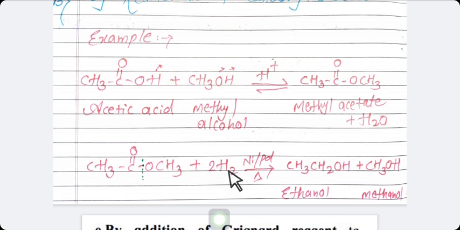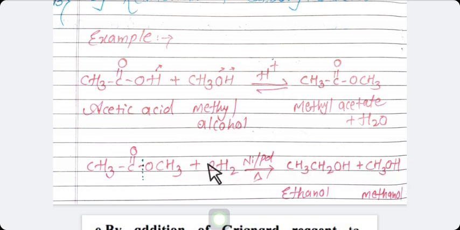From these 4 hydrogen, one hydrogen gets attached with CH3O, so it will form CH3OH, methanol.